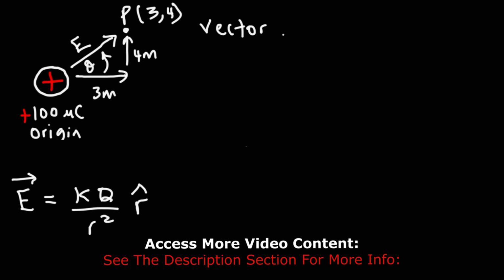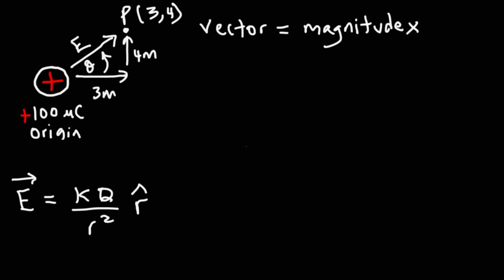There's two important parts of a vector. Every vector is composed of magnitude and direction. Keep in mind, a scalar quantity only has magnitude, but a vector quantity has both magnitude and direction.